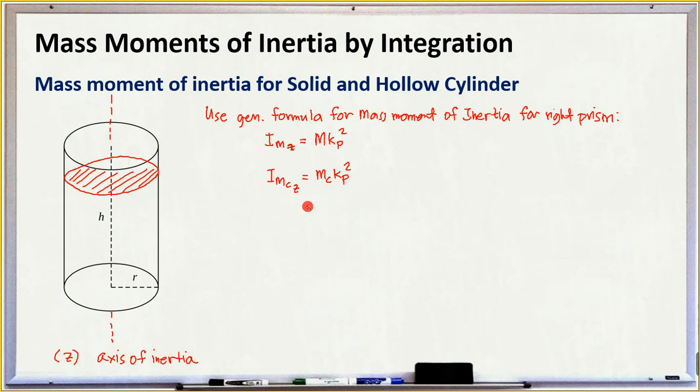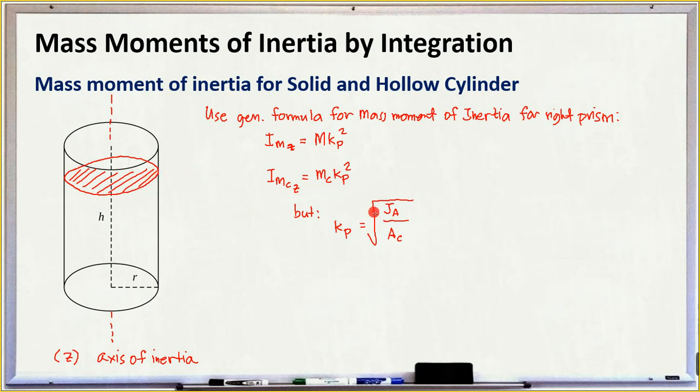From the formula that I have just shown to you from the previous slide, our polar radius of gyration is just equal to the polar moment of inertia of the cross-sectional area divided by the cross-sectional area of our given solid.